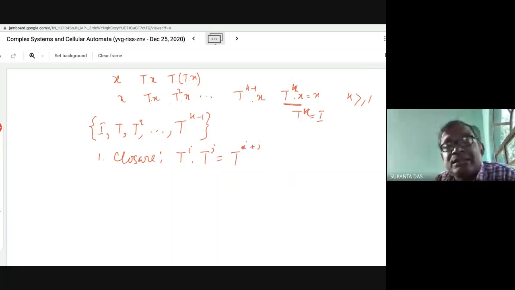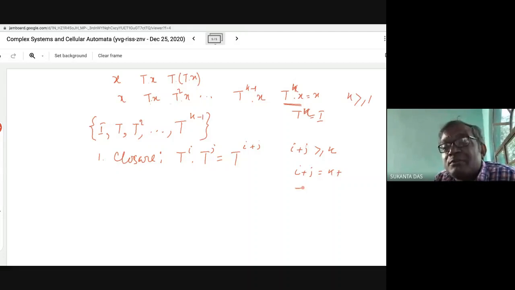If i plus j is less than k, then obviously T to the power i plus j is in this set. If it is greater than or equal to k, from this relation I can write, just as an example, i plus j equal to k plus 1.